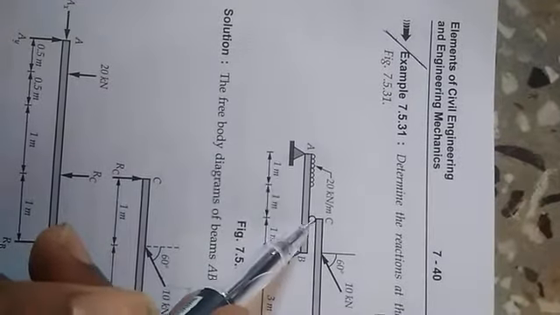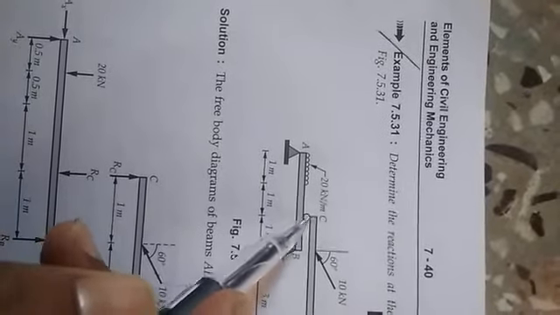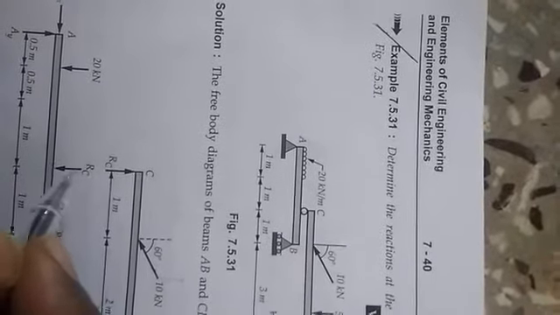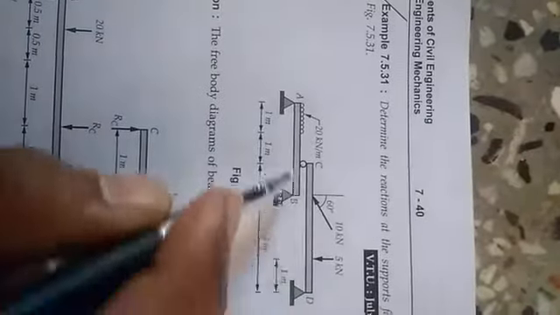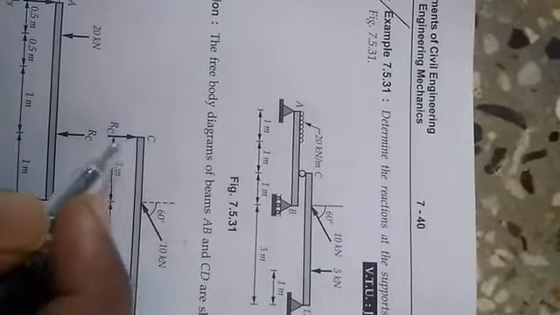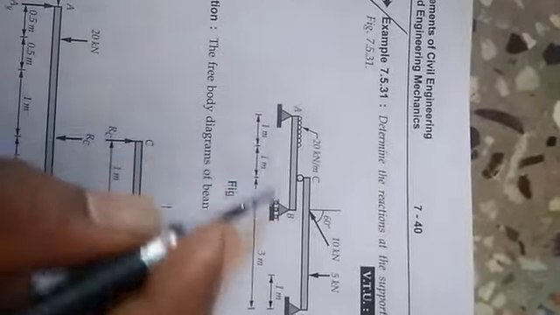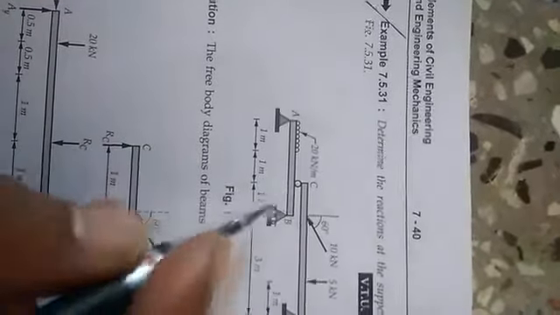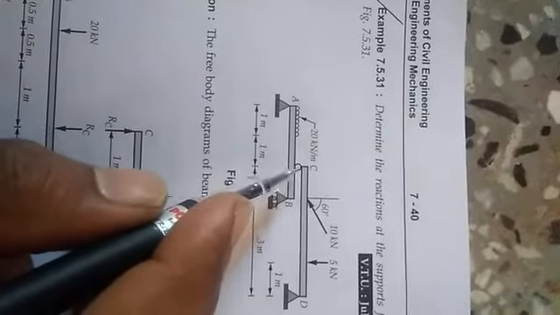Whatever load is coming after 1 meter from here, that is the reaction RC. So you have to take that as RC. When you take the beam AB, it will be a load RC, but when you take the section CD, it is a support reaction RC.